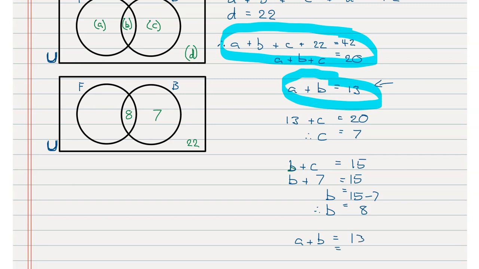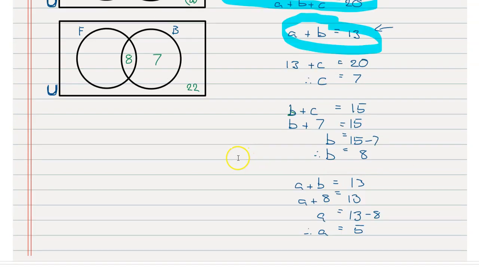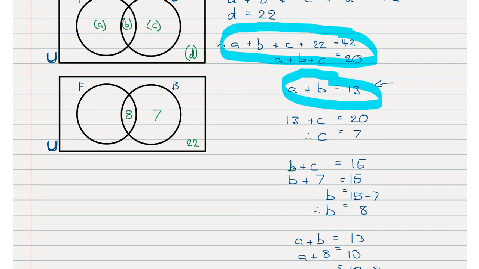We know the value of B is 8. So, solving, A equals 13 minus 8, and 13 minus 8 is equal to 5. Thus, the final section of the Venn diagram has 5 members.